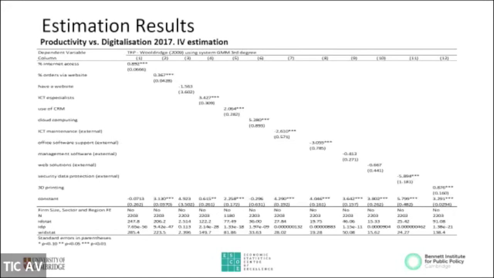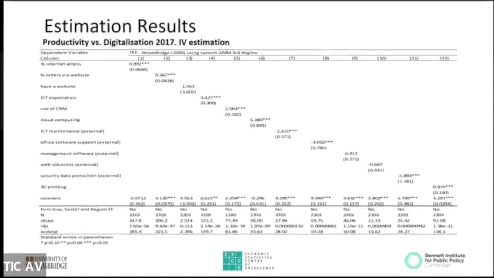And so this division between the things that you do in-house in the firm and the things that you buy in, get external suppliers to do, it seems robust. It's not just in the raw descriptive statistics, it's in the estimation results as well. So that seems to be an interesting and robust finding.